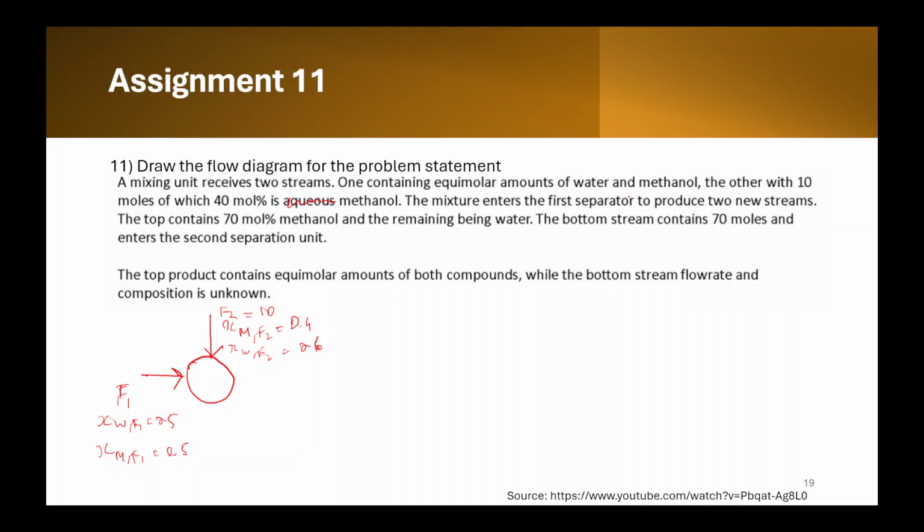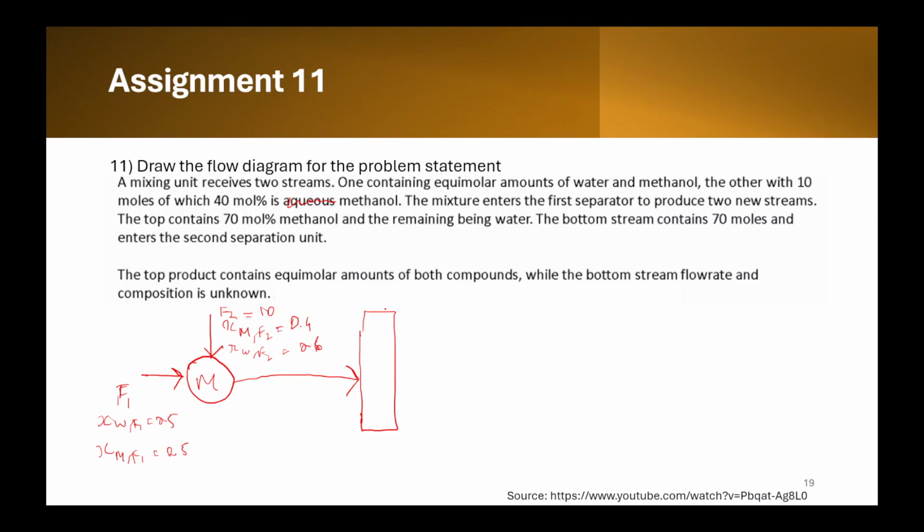The mixture enters the first separator. So there is some mixing going on here. It enters the first separator, so this is entering some separator, or you can say a distillation column, because it is a methanol-water mixture. The mixture goes to the first separator to produce 2 new streams.